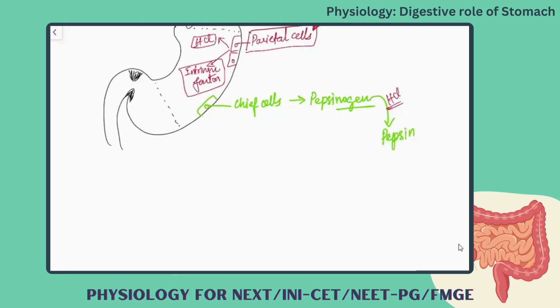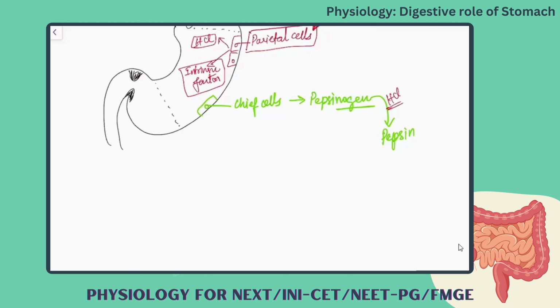Does this conversion and activation take place always? HCl is always present in the stomach and pepsinogen is also present, so will pepsin activation always happen? Why not? When the food you are eating contains more and more proteins, because pepsin is required only for protein digestion.